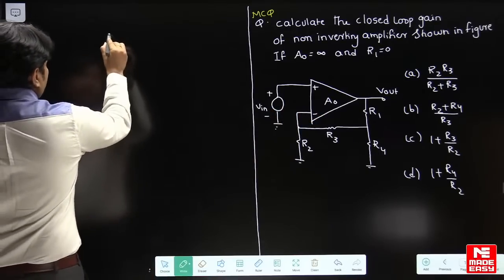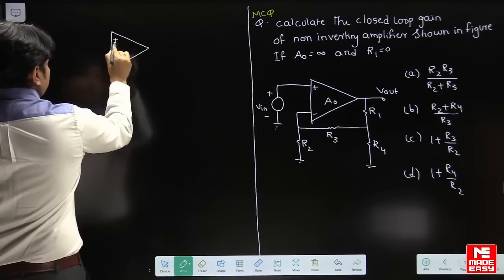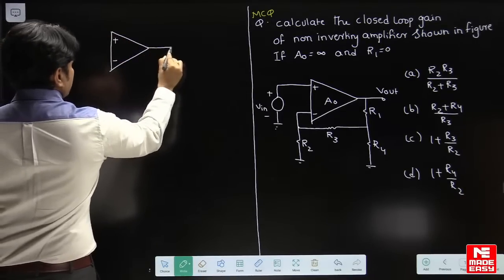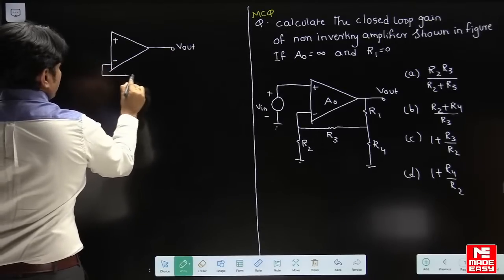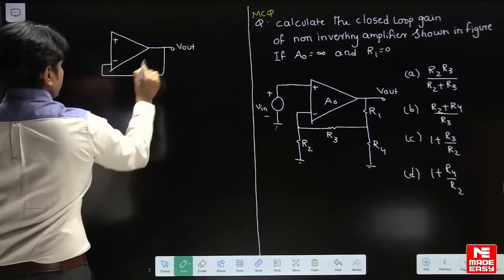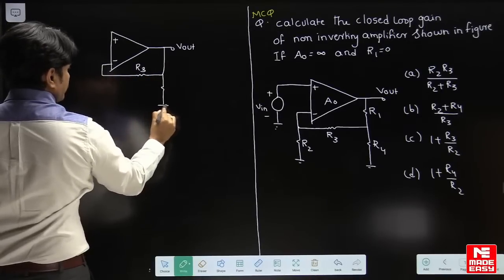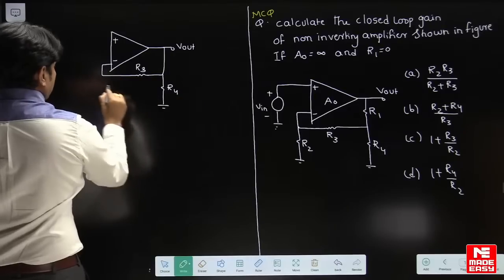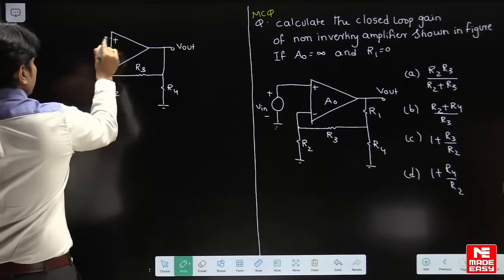First I'll redraw the diagram. This is plus, minus, this is your output, V out. We have R3, this is R4, this will become R2, and this is your input.